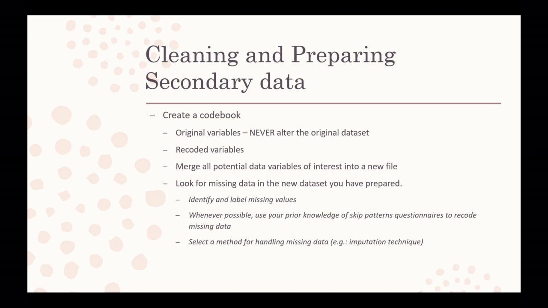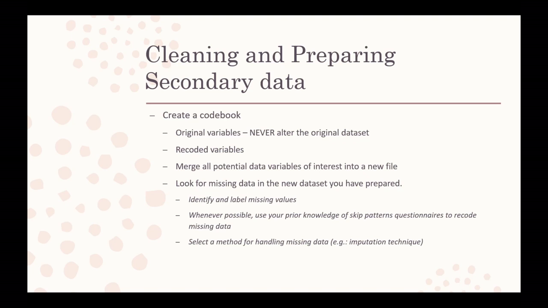So next, coming to cleaning and preparing a secondary data. First and foremost, very important that you create a codebook. There will be a codebook which will be given to you by this secondary data set, and I will open up a website in the next videos to show you what a codebook looks like. But it is always and highly recommended that you create one for yourself, especially with the data that you are working with.